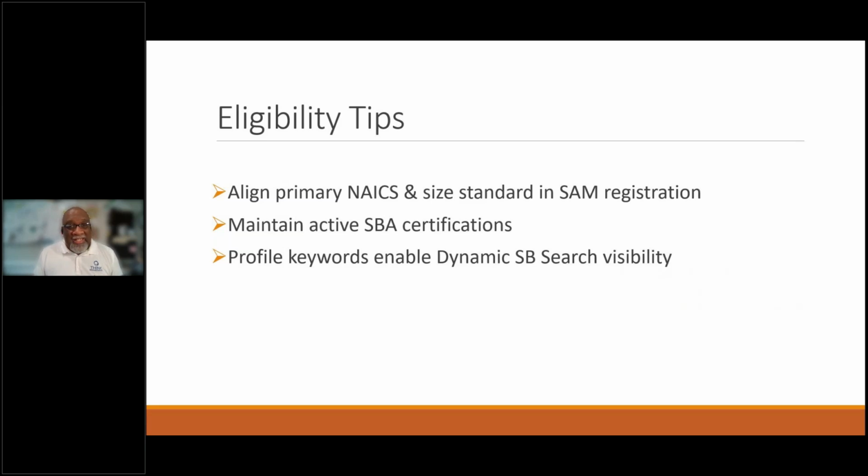Their size standard is in number of employees. The CEO of the company is my client. They have a size standard of 1,200 people. Now, that doesn't seem like a small business from a people perspective, but that's the size standard.